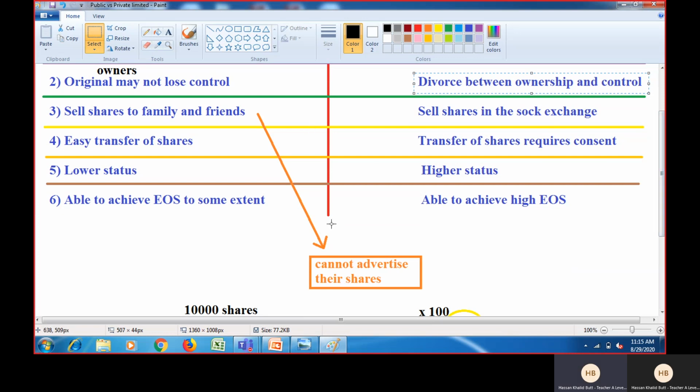If you see the down arrow, private limited companies cannot advertise their shares legally. They are not allowed by law. So you cannot advertise your shares. How can you tell people outside your family or outside your friends group that your shares are being offered for sale? Obviously nobody knows about it.